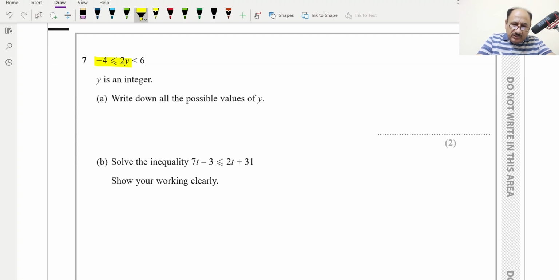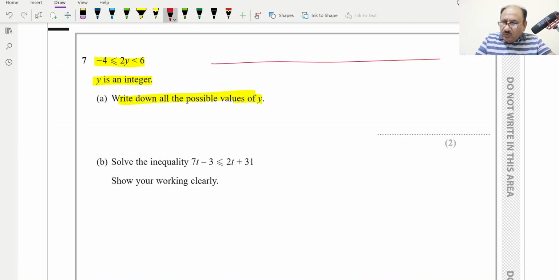Now question number 7, this is the inequality. y is an integer, and write down all the possible values of y, and we know y is greater than or equal to -4. If you want to understand, we can go through this number line. This is -1, -2, -3, -4, and this side will be 1, 2, 3, 4, 5, 6 up to this one.